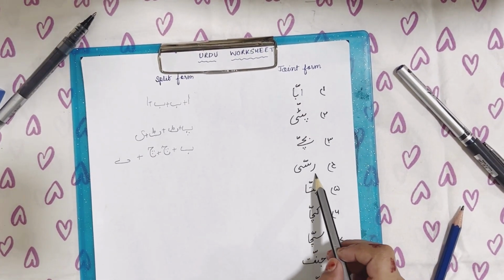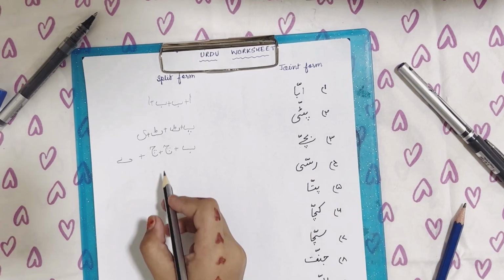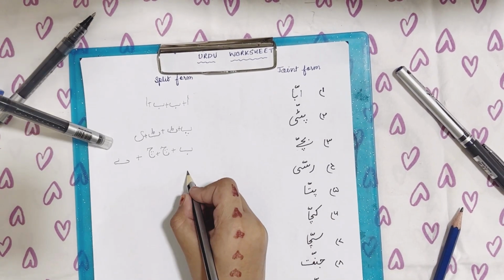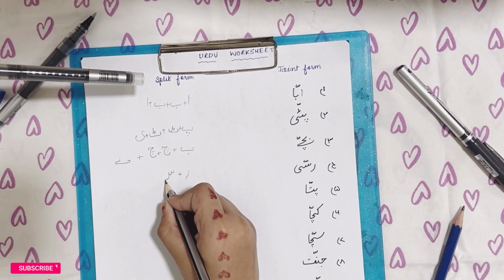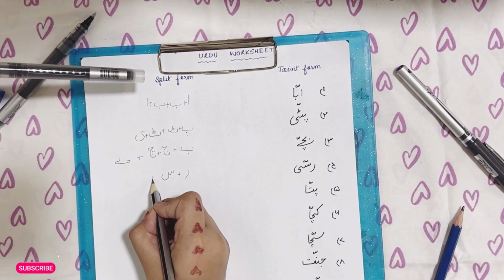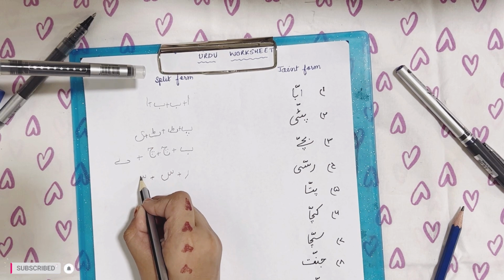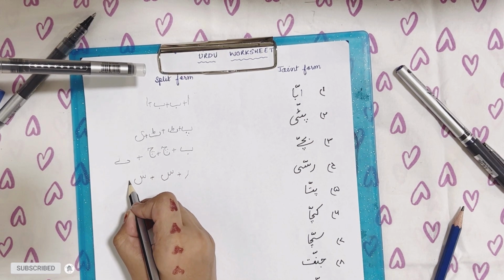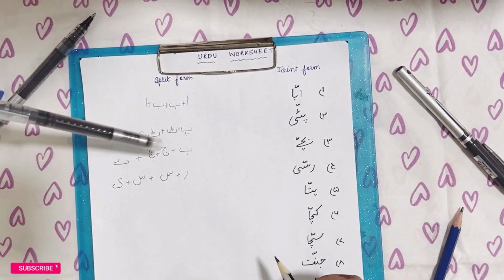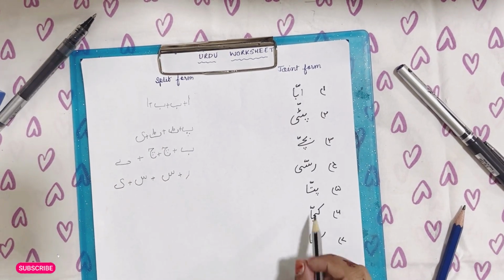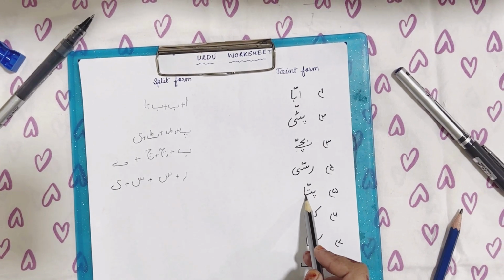This is rassi. Okay. Write rassi in split form now. Ra, seen, very good. Plus choti ye. Keep it in a straight line, okay? Write it in a straight line. Next. Patta. Very good.